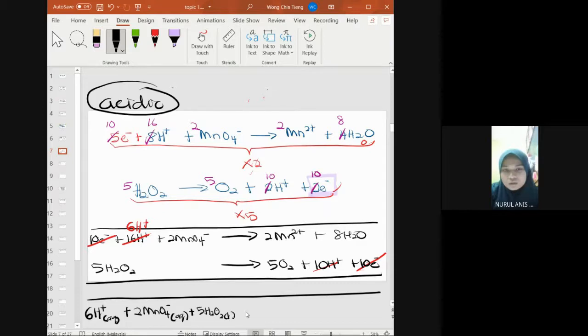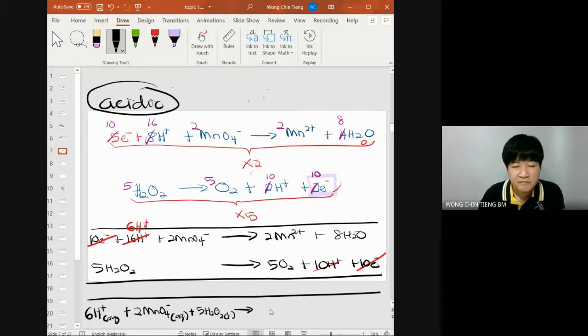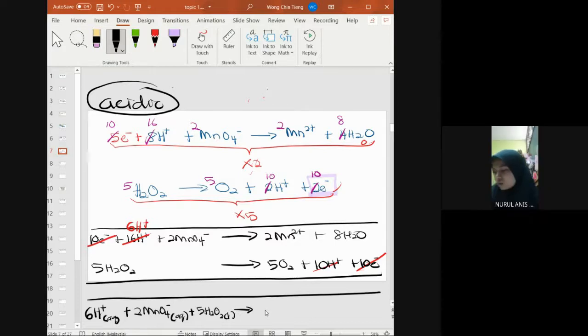Okay. Dapat. 2 Mn2 plus equals 8 H2O liquid, 5 O2 gas. Thank you.